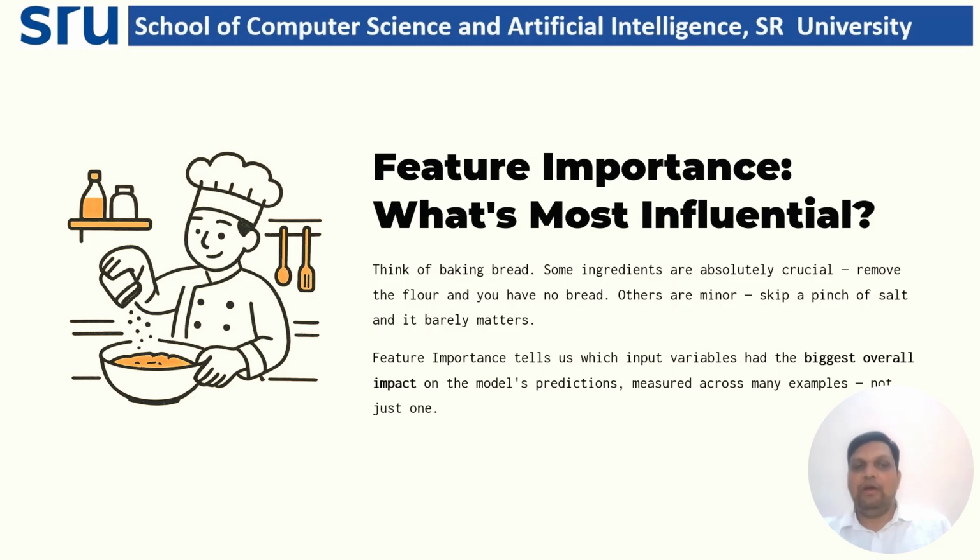Remove the flour and you have no bread. Others are minor. Skip a pinch of salt and it barely matters. Feature importance tells us which input variable has the biggest overall impact on the model prediction, measured across many examples, not just one.